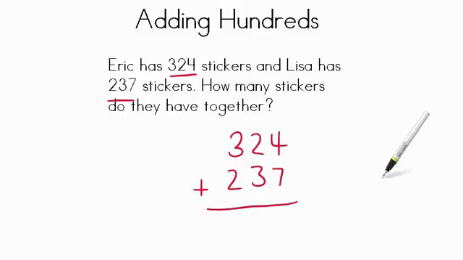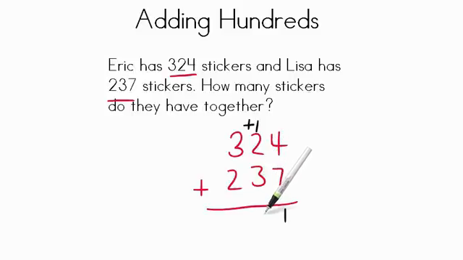What's my first step? That's right, I'm going to add the ones. So 7 plus 4 equals what? That's right, it equals 11. So remember, if we have more than 9, we have to carry. Keep our 1 there. Add our 10. 2 tens plus 1 10 is 3 tens, plus 3 more.